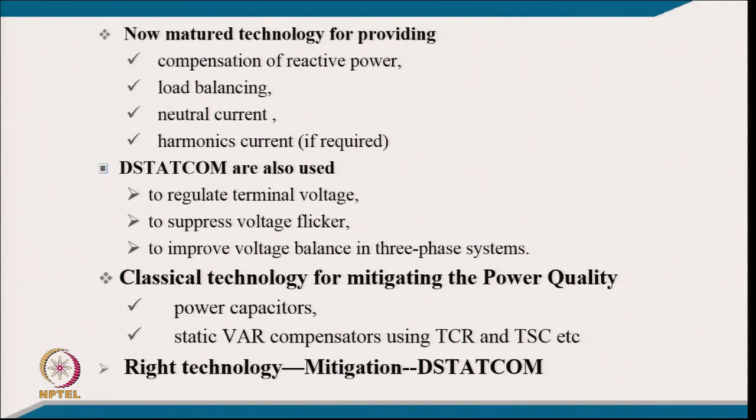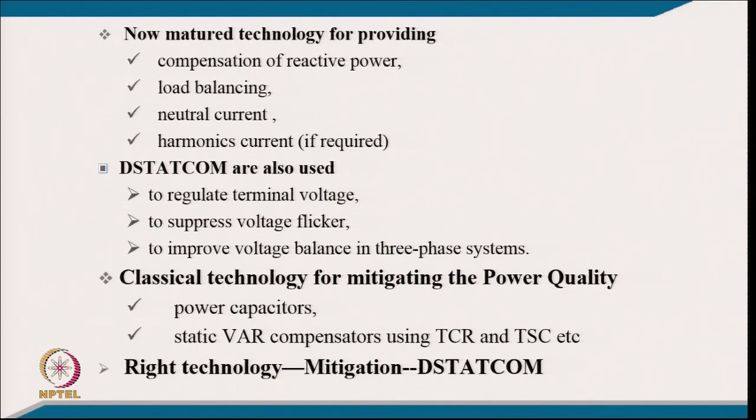In a typically sinusoidal environment with passive impedances, if you do not have a nonlinear load, then you only have to generate fundamental frequency currents for all these compensations, whether for reactive power, load balancing or neutral current compensation.